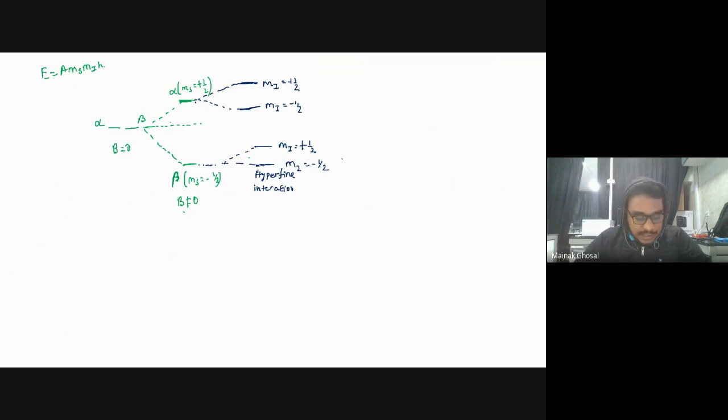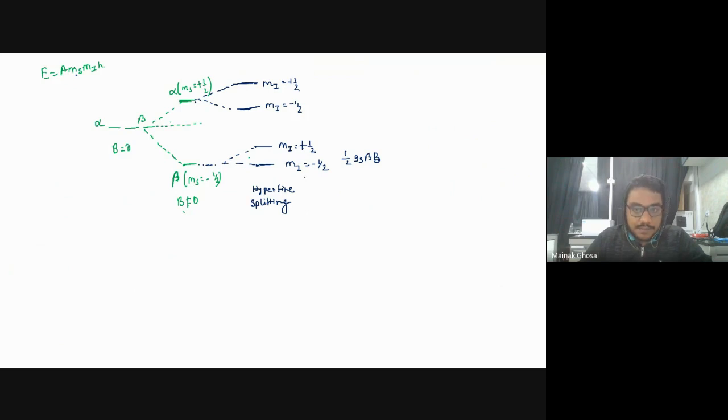The energy of the beta state initially was minus half gs beta B. This was the initial energy, but now, since the hyperfine term is introduced, the hyperfine splitting comes in. Now for this state, what is the value of ms? Minus half, right? What is the value of mi?